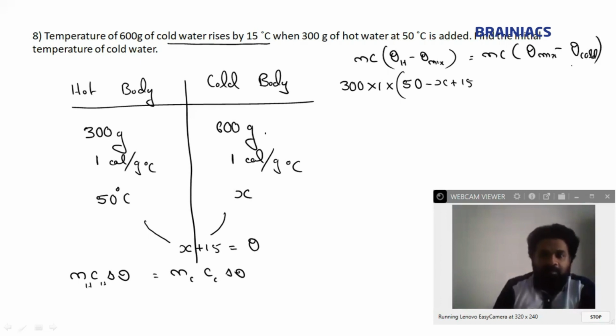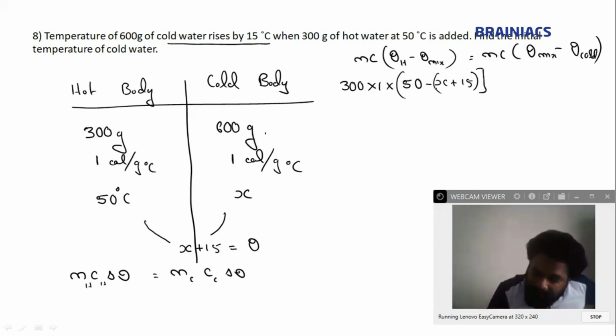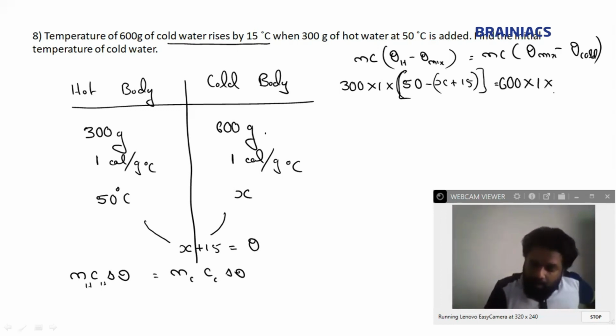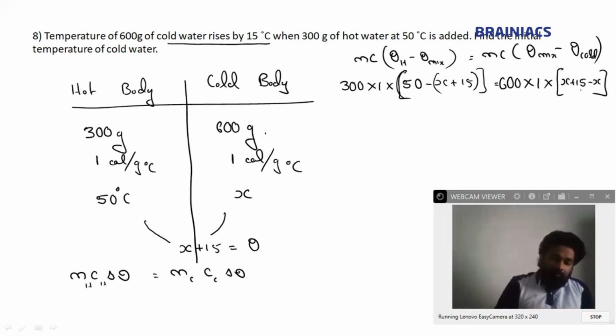This is what we wrote previously. In the same way here, 300 into 1 into 50 minus of X plus 15. Yes, now this is correct. This is equal to 600 into 1 into X plus 15, the mixture, minus X. Now this is fine. If we come to this correctly, then no worries.